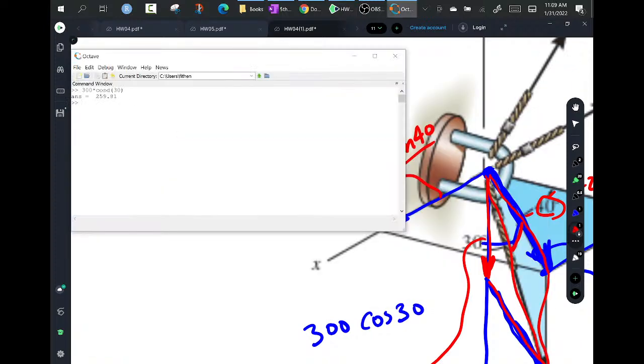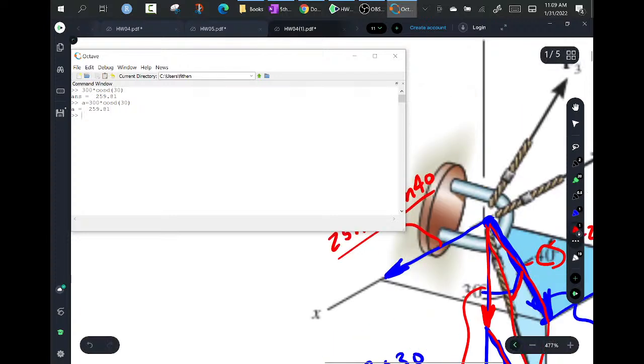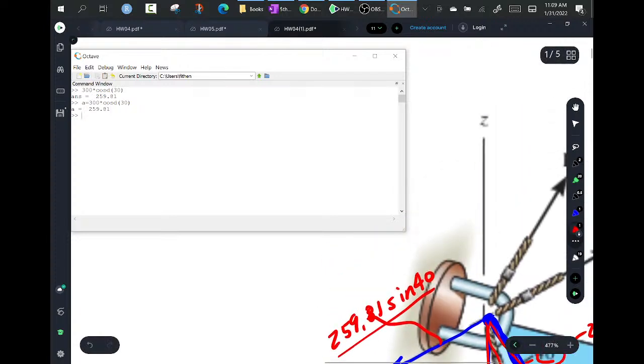Now that I got that 259, I'll just call it A. So let's see. A, which is, let's see if I can roll this. Times sine.